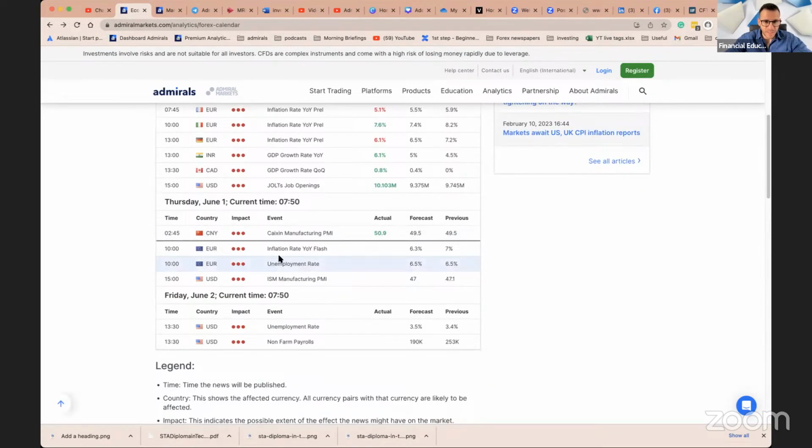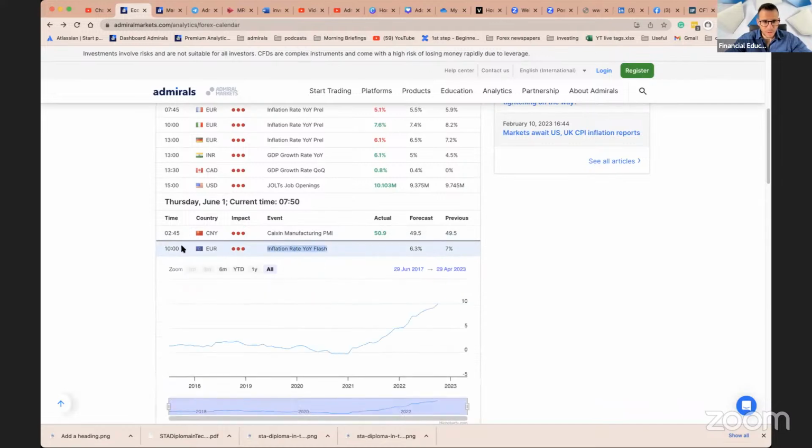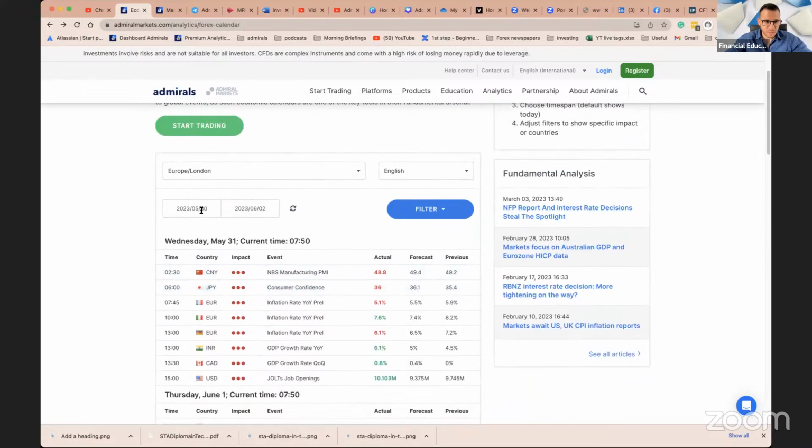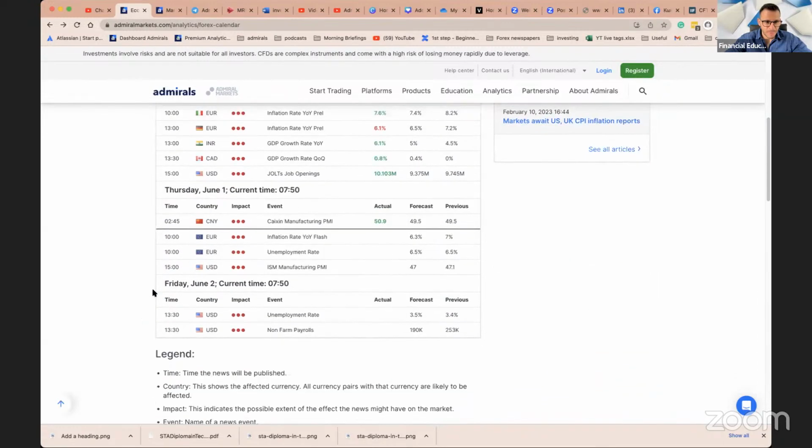So on Thursday, today, inflation rate in the euro, it's definitely going to affect the DAX at 10 o'clock, broker time. Unemployment rate, is it broker time here? I don't see the ADP in this calendar.